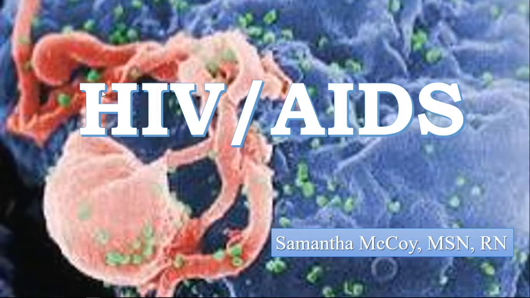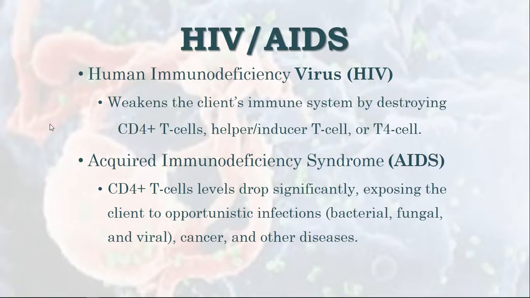HIV and AIDS is a common chronic disorder of the immune system. HIV is the human immunodeficiency virus. HIV weakens the client's immune system by destroying the CD4 T cells.